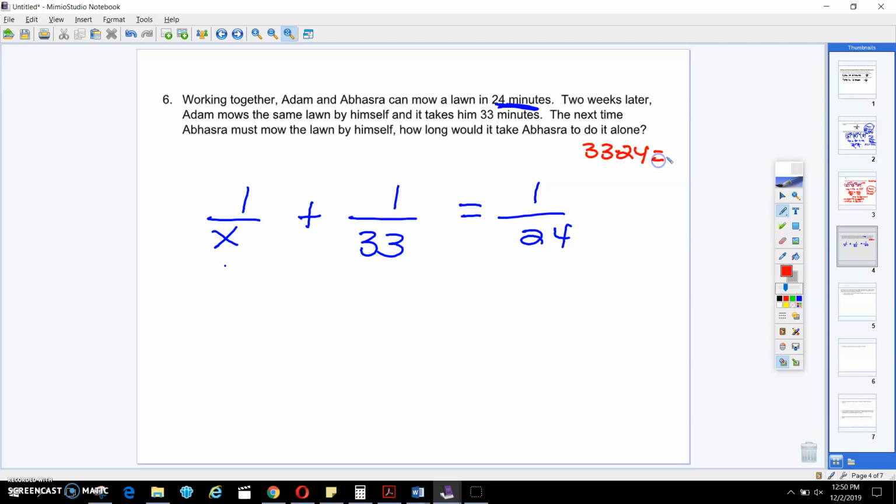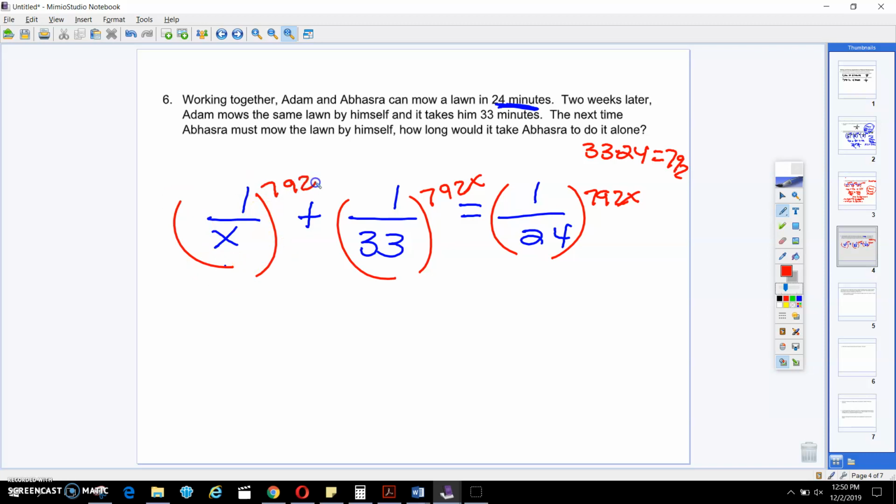And that's going to give me 792, right? Okay, so I'm going to multiply all this by 792x. Okay, and when I do that and simplify, I'm going to get 792 plus 24x equals 33x.